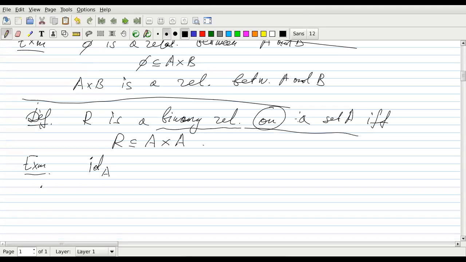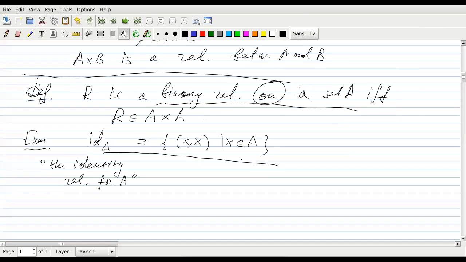As an example, let's consider a very important relation from an algebraic point of view, the so-called identity relation, ID_A, the identity relation of A. The identity relation consists of all possible pairs where the first and the second coordinates are the same. Is it clear?